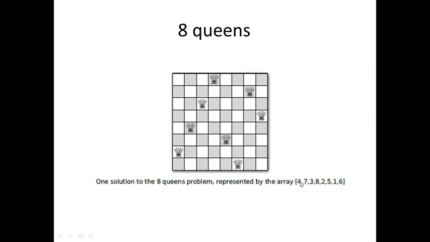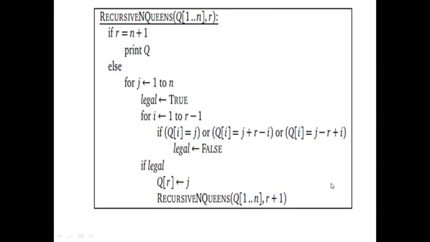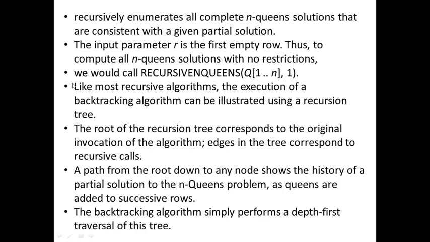Like that we have to interpret the answer. This is a recursive algorithm for n queens, which recursively enumerates all complete n queen solutions that are consistent with the given partial solutions. The backtracking algorithm simply performs a depth first traversal of that particular tree.